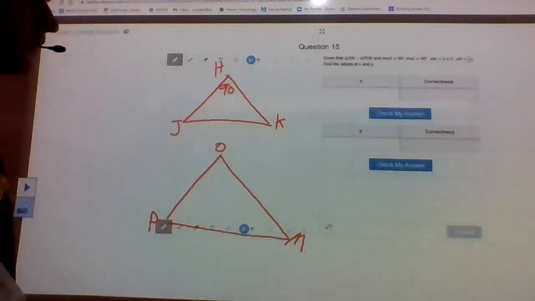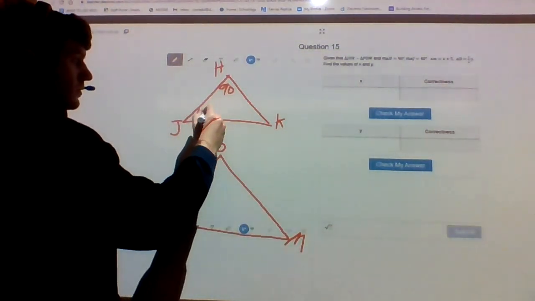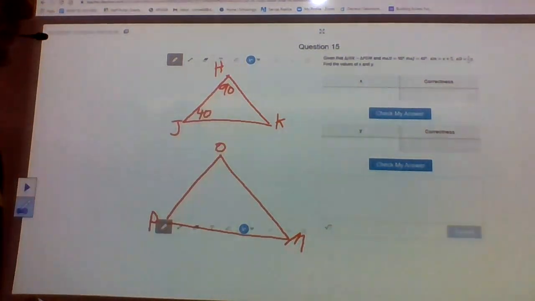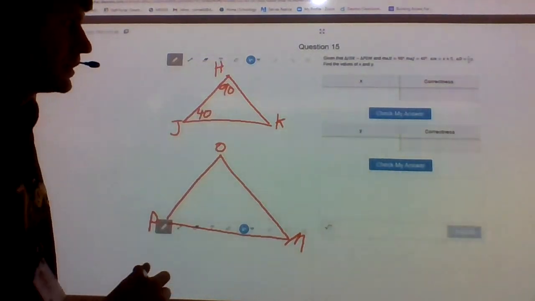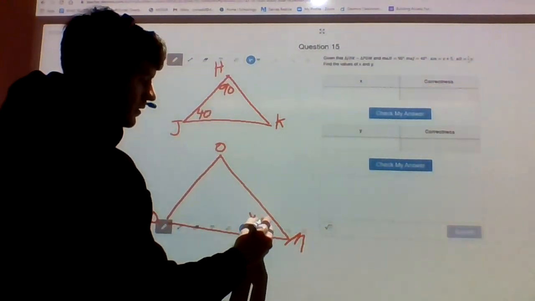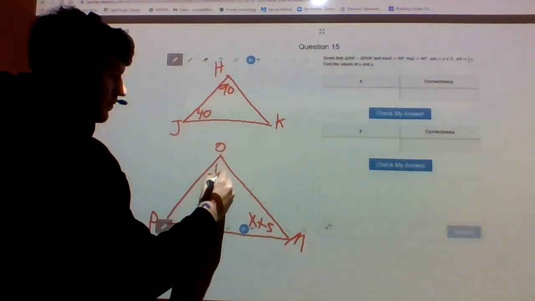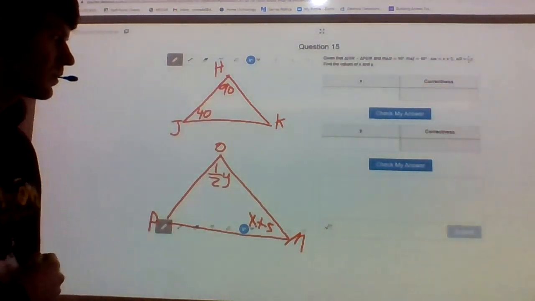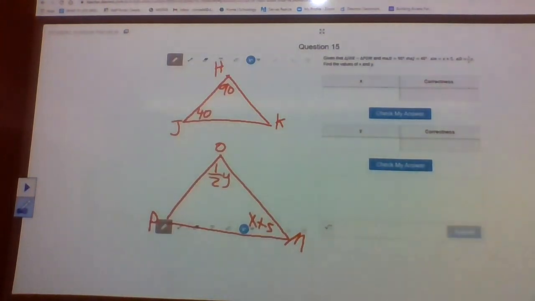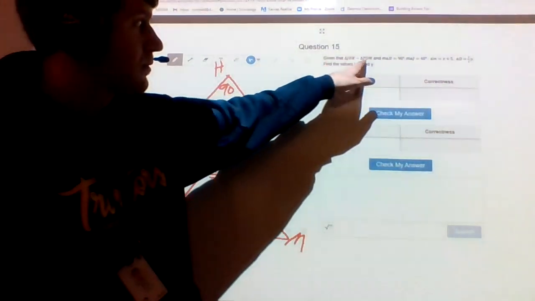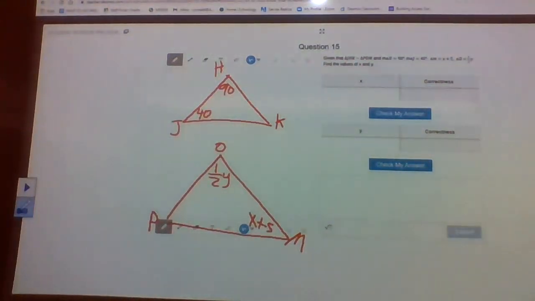We know that the measure of angle J is 40 degrees. And we know that the measure of angle M is x plus 5. And we know the measure of angle O is 1/2 y. Okay. Well, we know if the triangles are similar, that the angles are congruent.